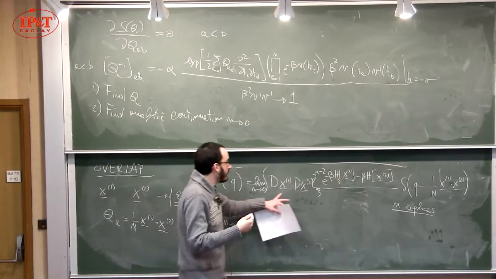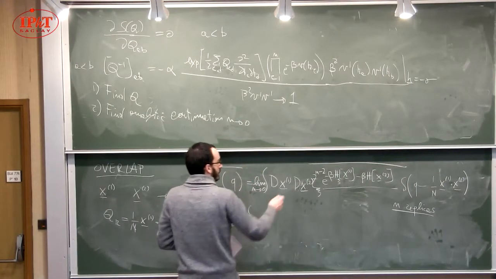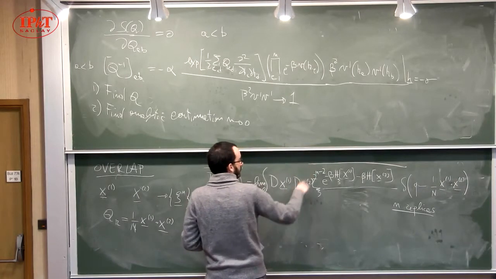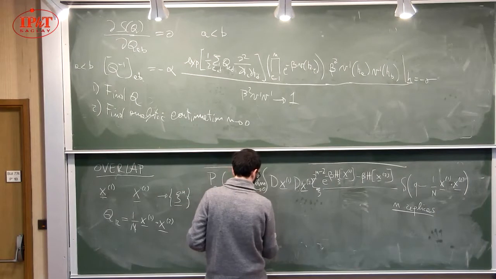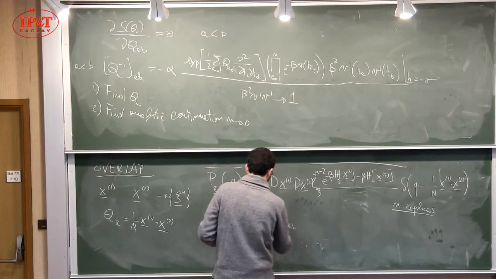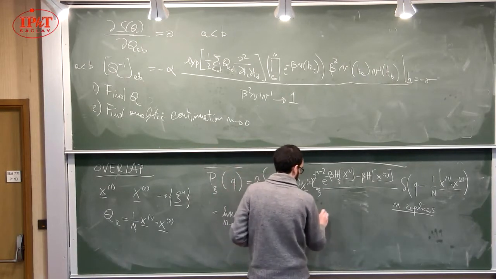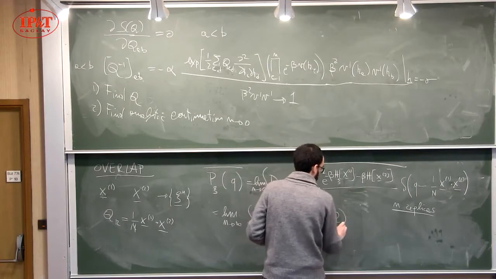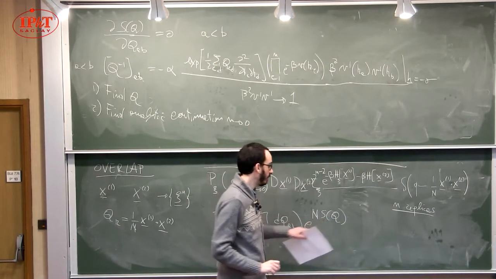And so I can redo exactly the same steps. And so what I get, averaging over the disorder, introducing the overlap, is with exactly the same S of Q as before.